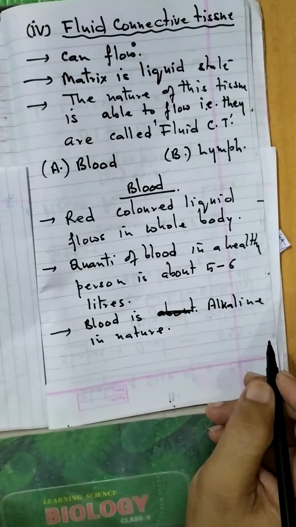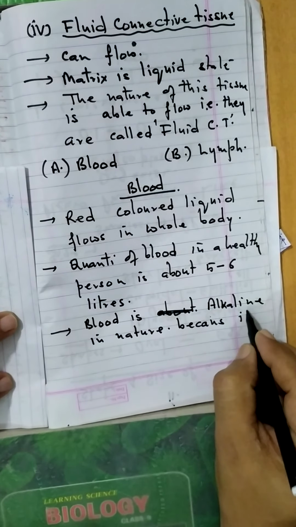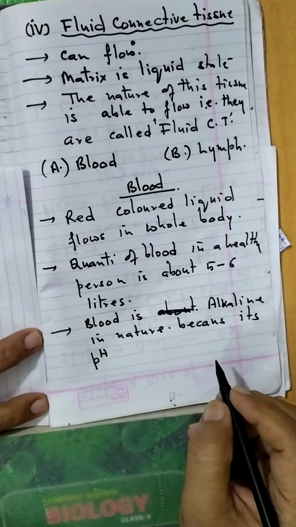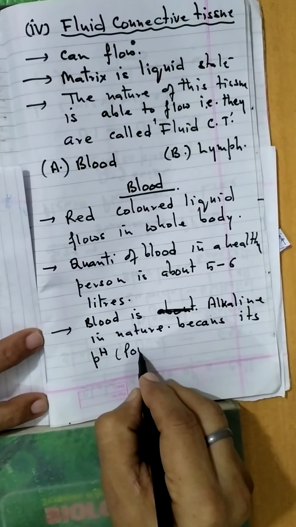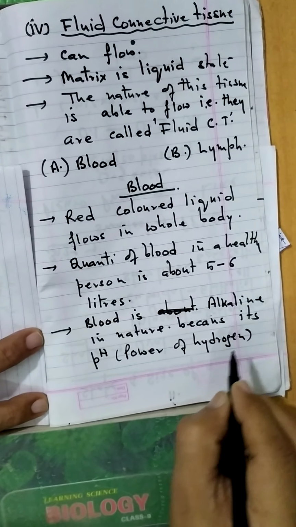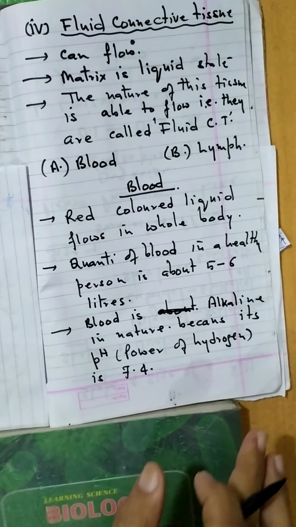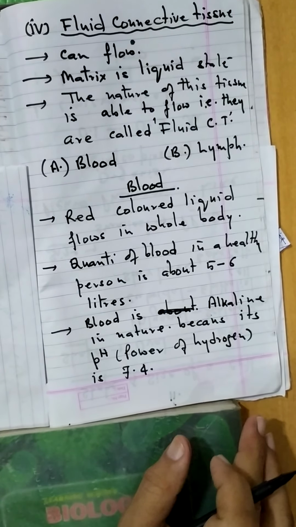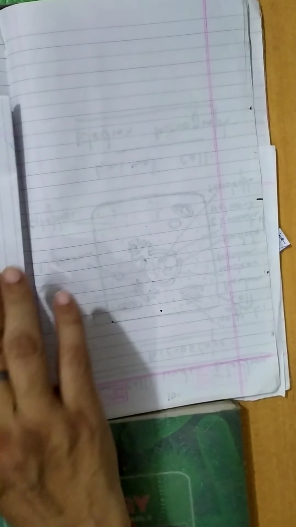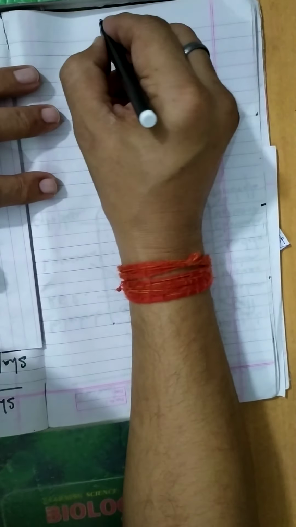Now what is alkaline? Because its pH, power of hydrogen, is 7.4. Now what is power of hydrogen and what is 7.4? In higher classes you will study the pH scale, but in short form I am telling you.